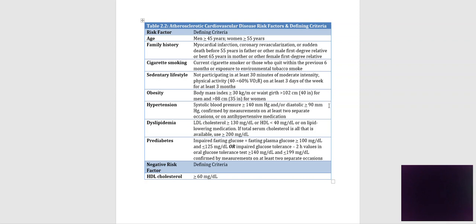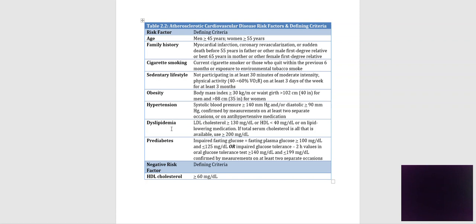So again, 140/90, they would be considered hypertensive, but let's say their blood pressure is 120/80, but they're taking antihypertension medication. That would be considered a risk factor because likely the only reason their blood pressure is normal is because they're taking medication.